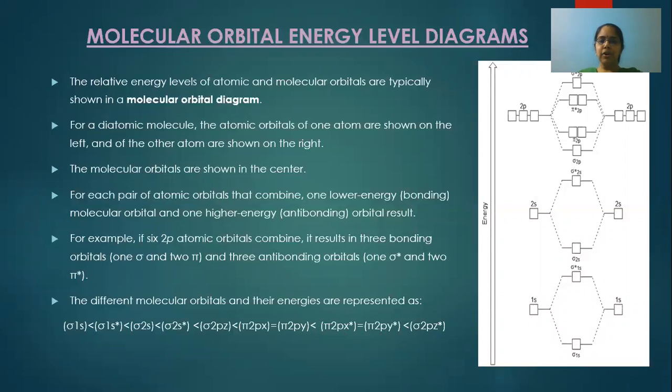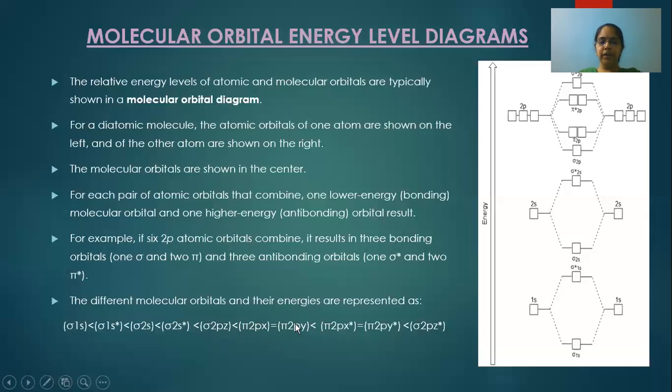The energy order in general is sigma 1s less than sigma star 1s, which is lesser in energy than sigma 2s, than sigma star 2s. This possesses lower energy than sigma 2pz. The sigma 2pz orbital possesses lower energy than pi 2px and pi 2py. These two molecular orbitals possess the same energy and are said to be degenerate molecular orbitals.